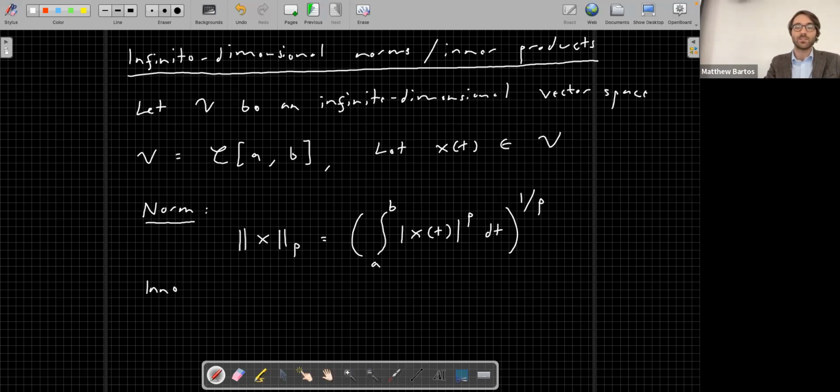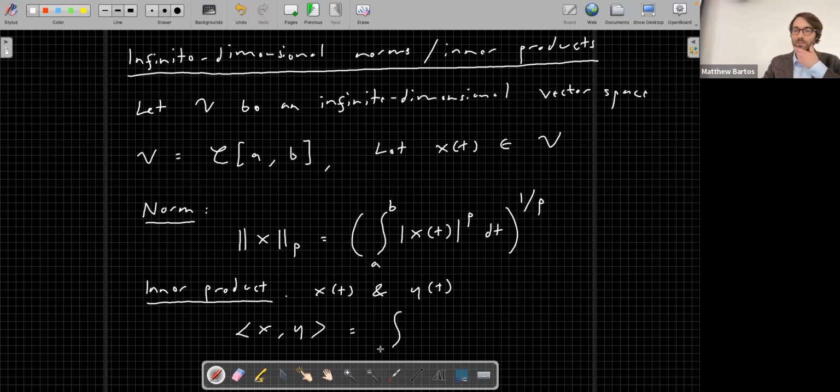In the case of inner products, you can also define an inner product for an infinite dimensional vector. So let's say we have two functions, x of t and y of t. You can also define the inner product of x with y analogously.